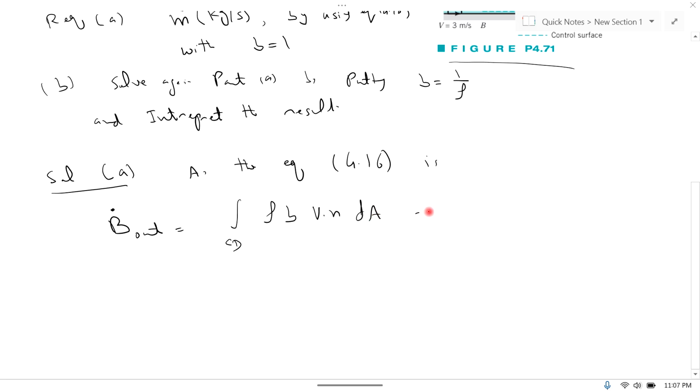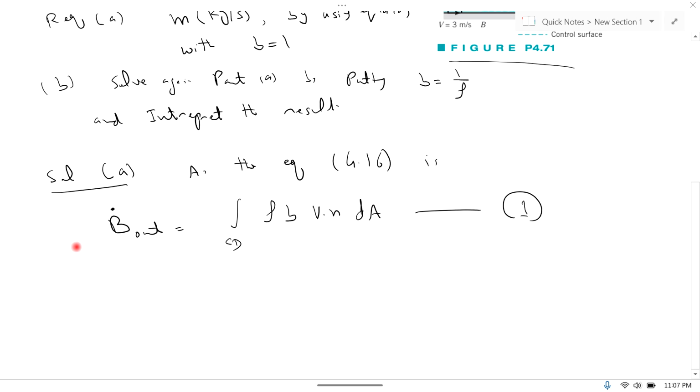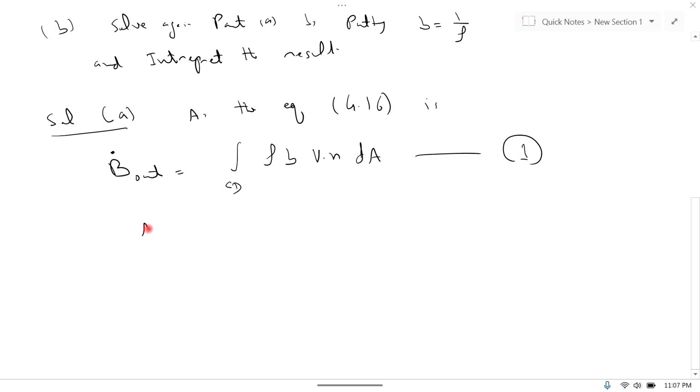This is equation 4.16 from the book. Here rho is density, which is 1000 kilogram per cubic meter for water. b is given to us as 1. V dot n is the dot product, normal to the surface, which is equal to V cos theta. And dA is the area.